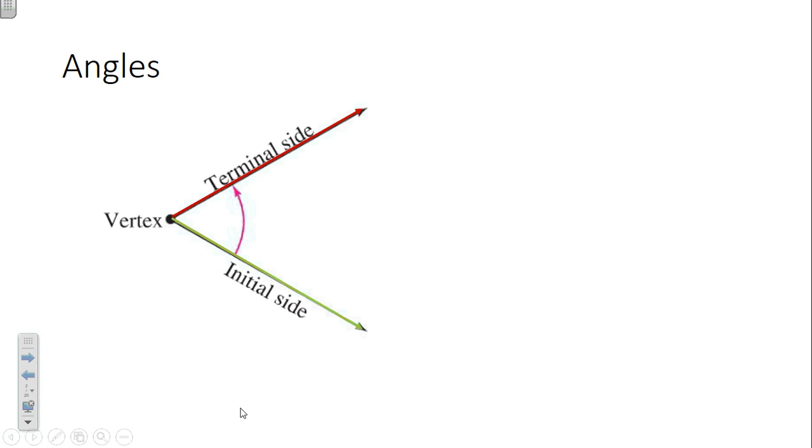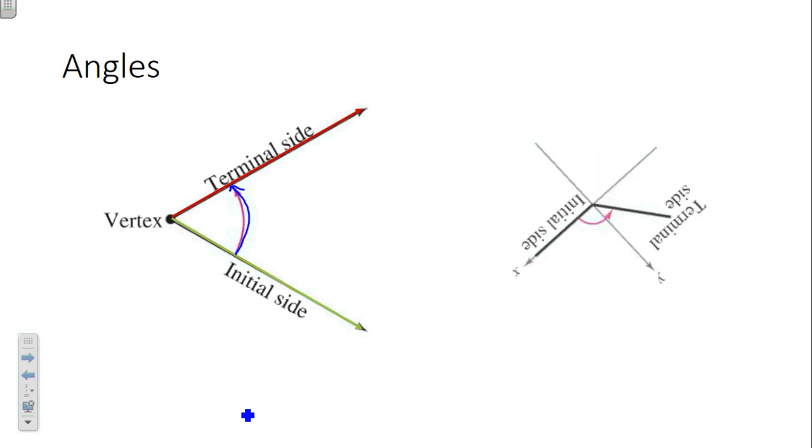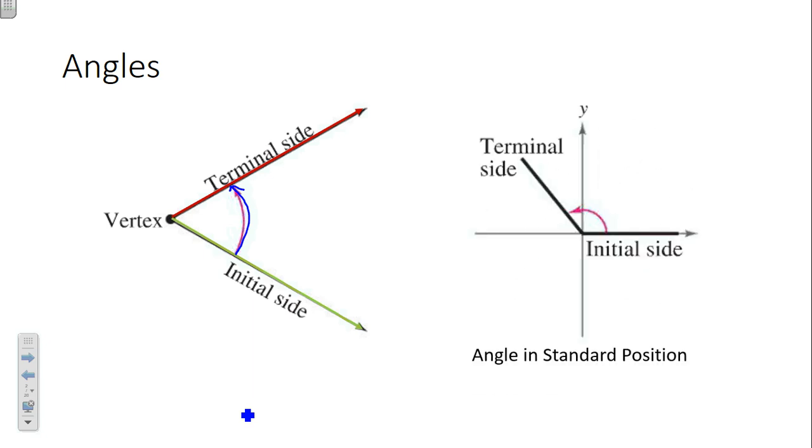So when we want to talk about the measurement of an angle, we want to know how far it is from our initial side to our terminal side. So far, so good? Initial means start, terminal means end, green means go, red means stop. All right, so when we put that angle in standard position, it means that our initial ray or our initial side has to be the positive x-axis.